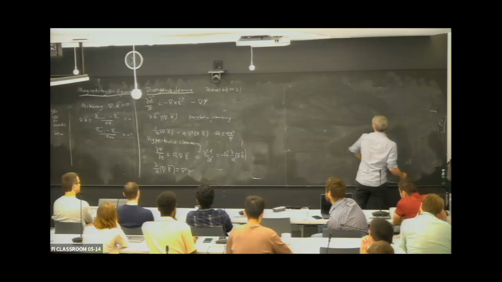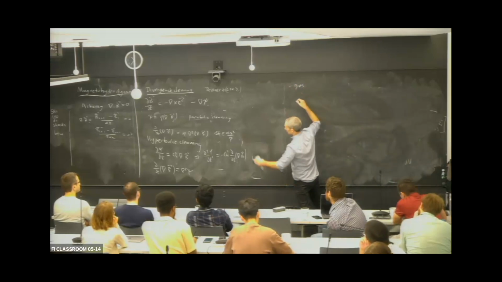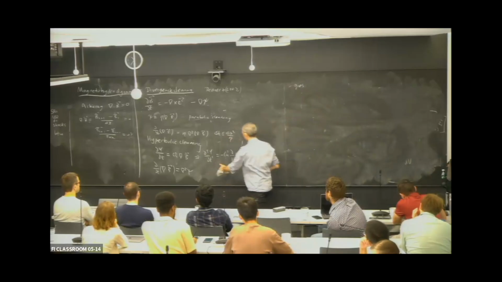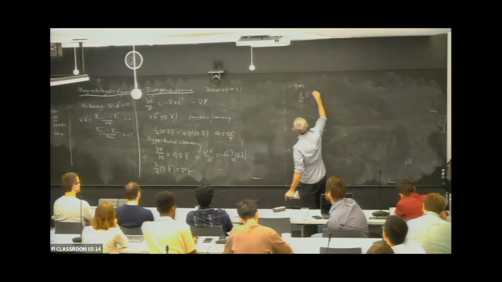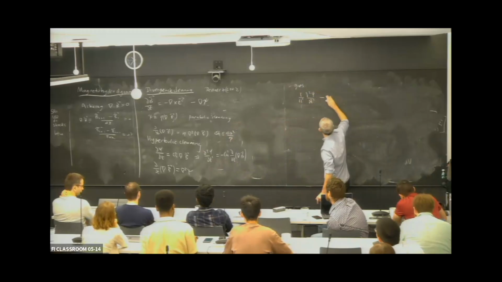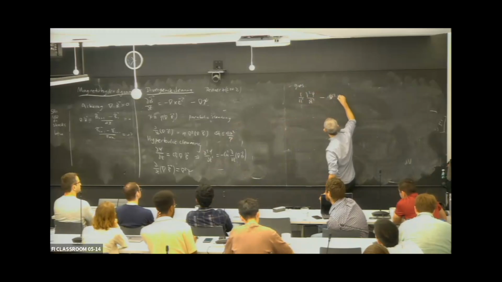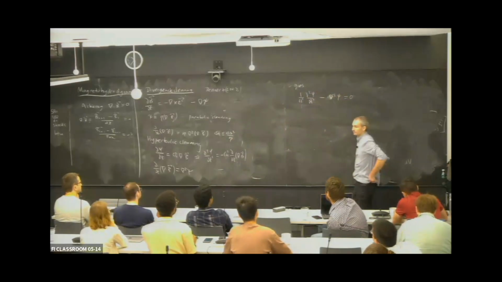So already you can see, it's simple if we write it in terms of psi. It gives us basically 1 over this speed squared, d squared psi dt squared minus del squared psi equals 0. So we've got a wave equation.